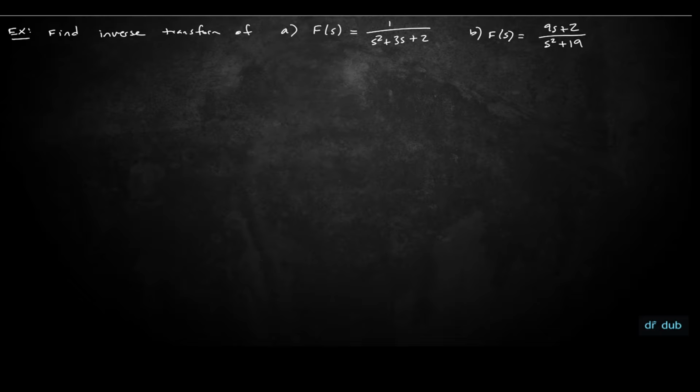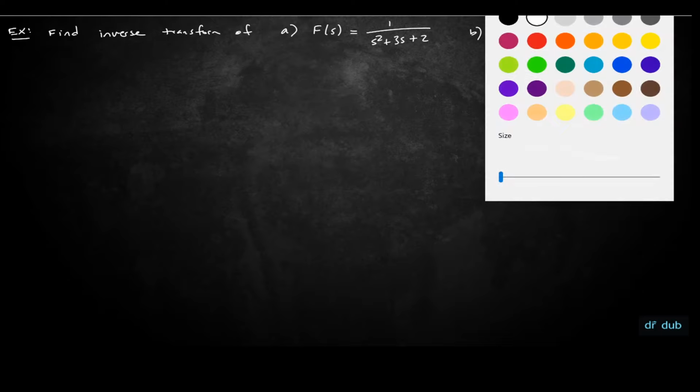So find the inverse transform of these two functions. Part A, capital F of s is 1 over s squared plus 3s plus 2. Part B, capital F of s is 9s plus 2 over s squared plus 19. Let's find the inverse Laplace transform of both of these.